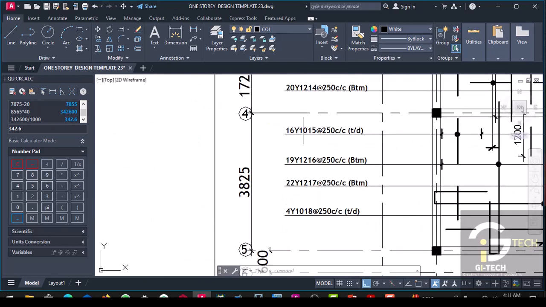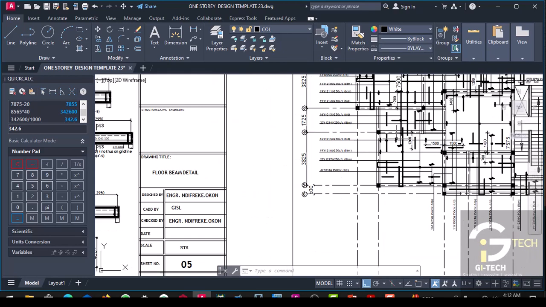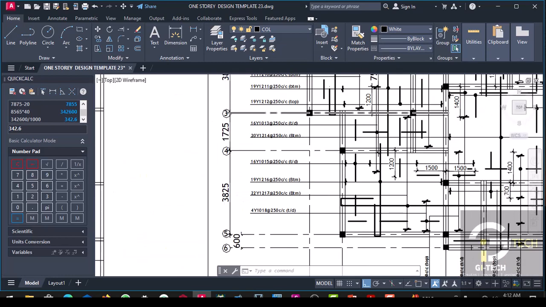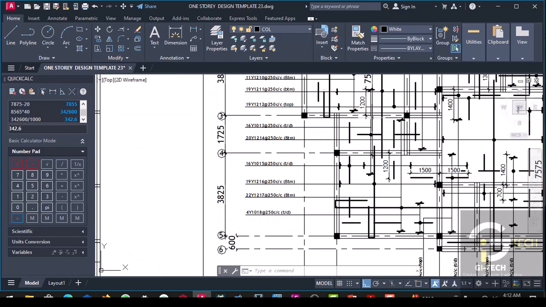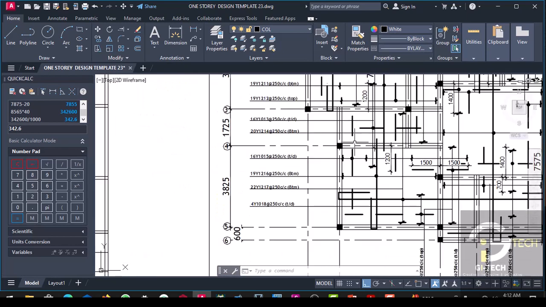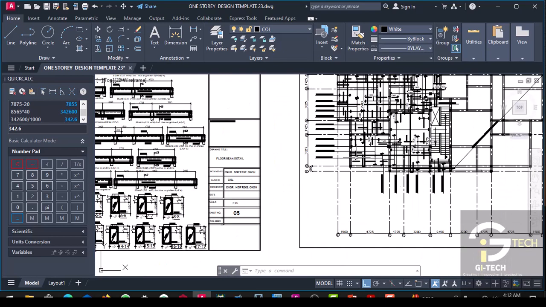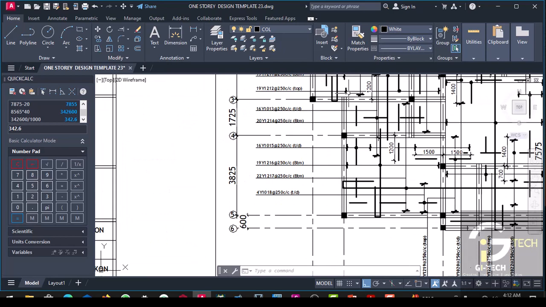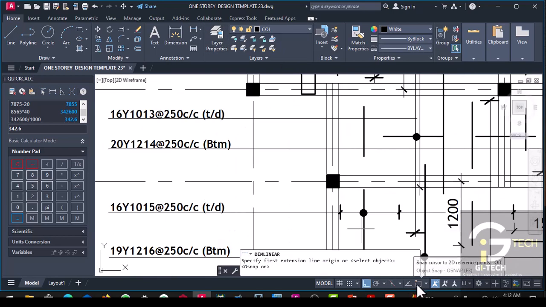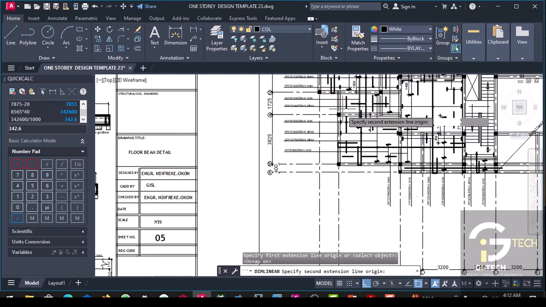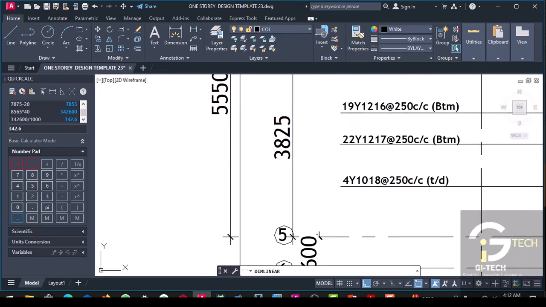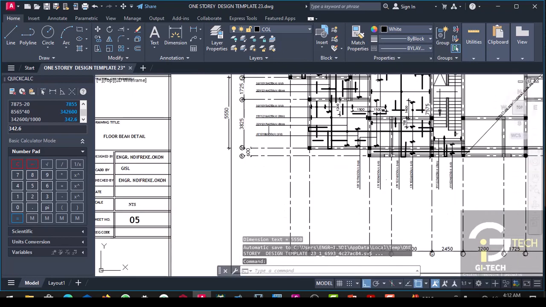So we are done with 14. The next one is 15, and 15 is Y10, which is distribution. So we would adopt the same method to calculate the length of this reinforcement. So here we check the overall span of the slab, center to center, which gives us 5550.